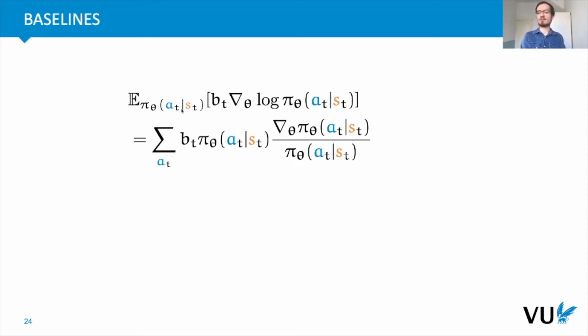The expectation, when you take an action and then you compute the gradient of the log probability and multiply that with this baseline, what is the expectation of this term? So let's first sum, which is an expectation, over all actions. And recall that this gradient of a log probability is the gradient of that probability divided by the probability itself.